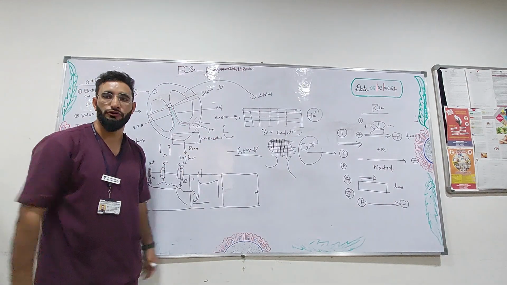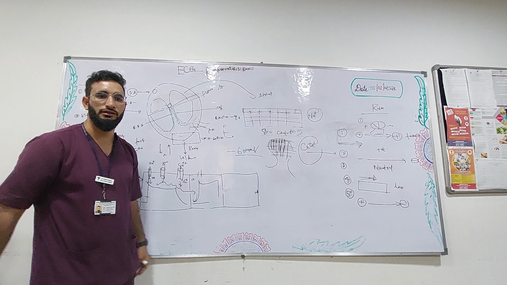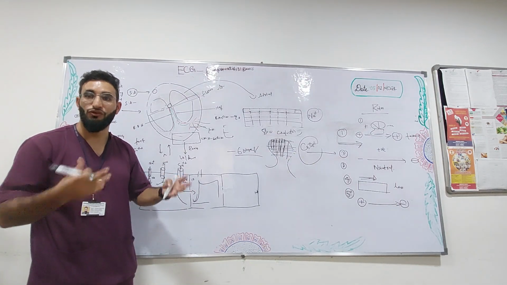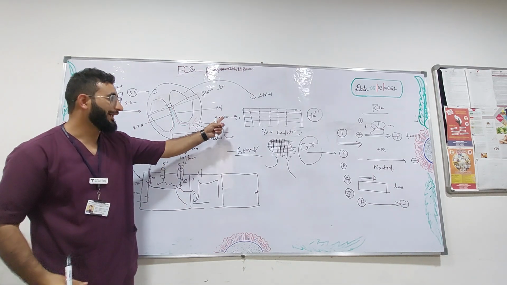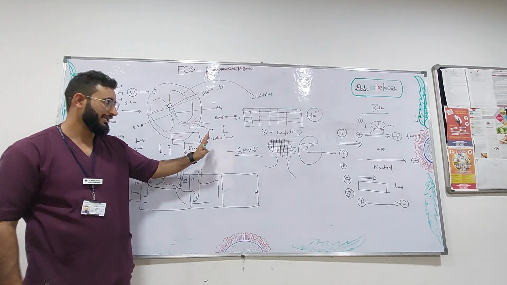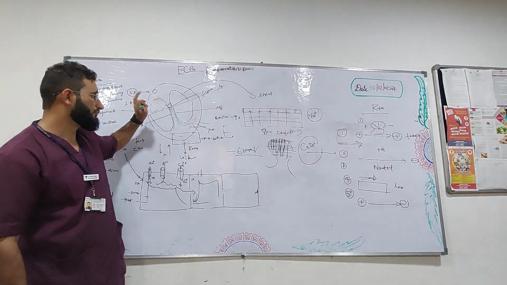Which is more electronegative, minus 60 or minus 90? For cations, for positive ions, minus 90 will attract first. That is why the ventricle is the first conductor as compared to the AV node.